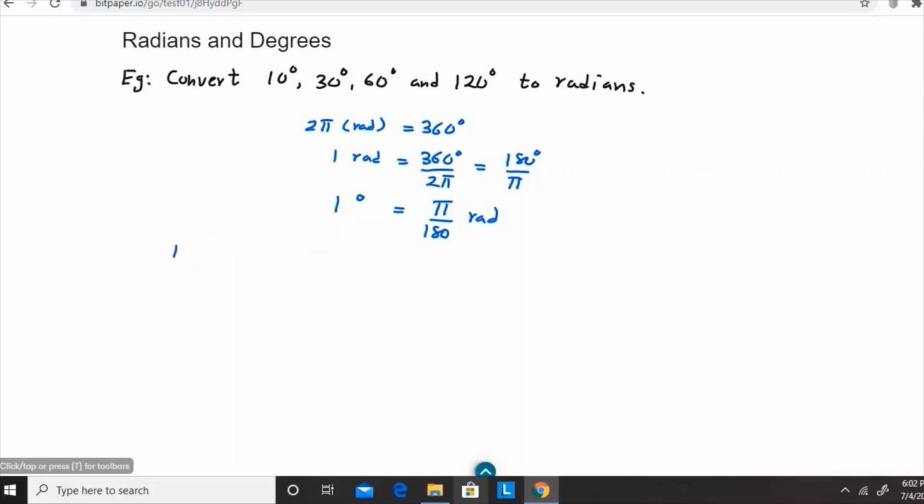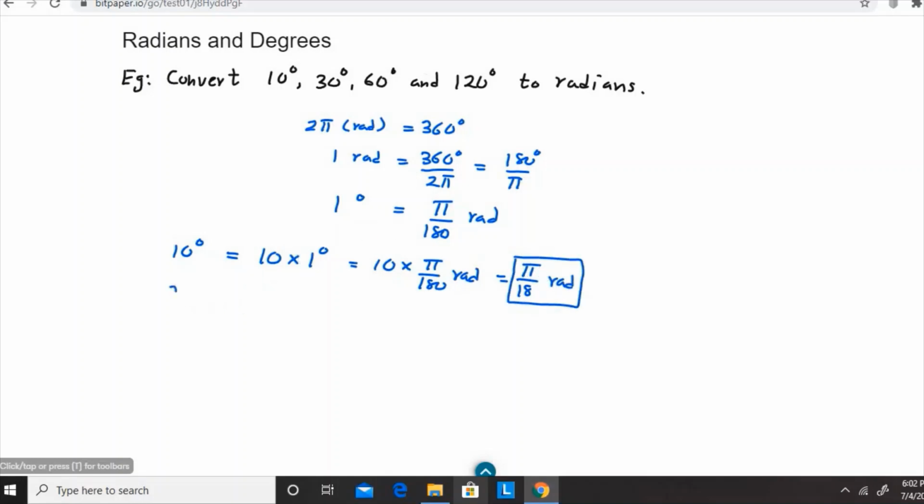So 10 degrees, I can write this as 10 times 1 degree. For 1 degree, I'm going to make the substitution: 10 times pi over 180 radians. And you can see the answer is pi over 18 radians.